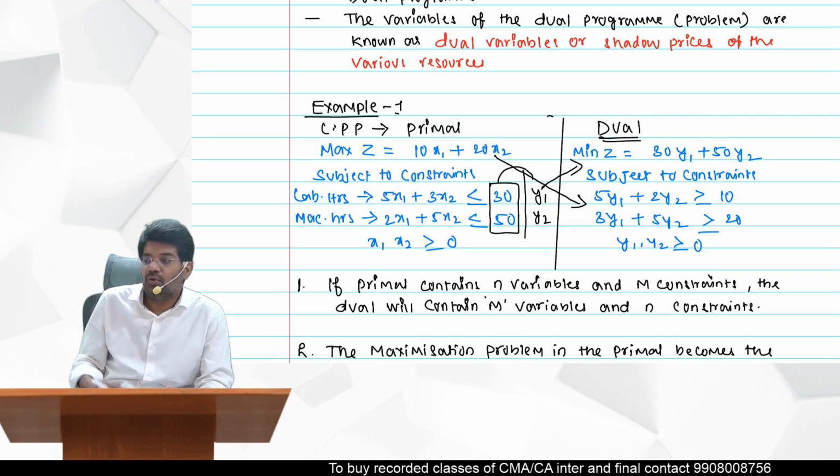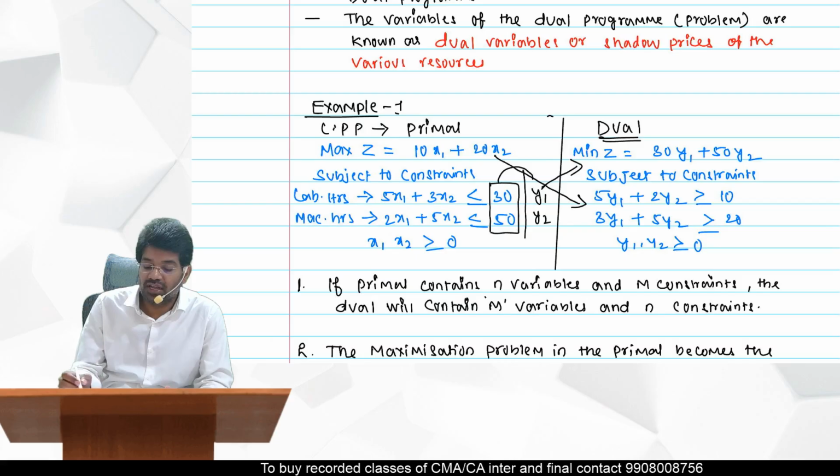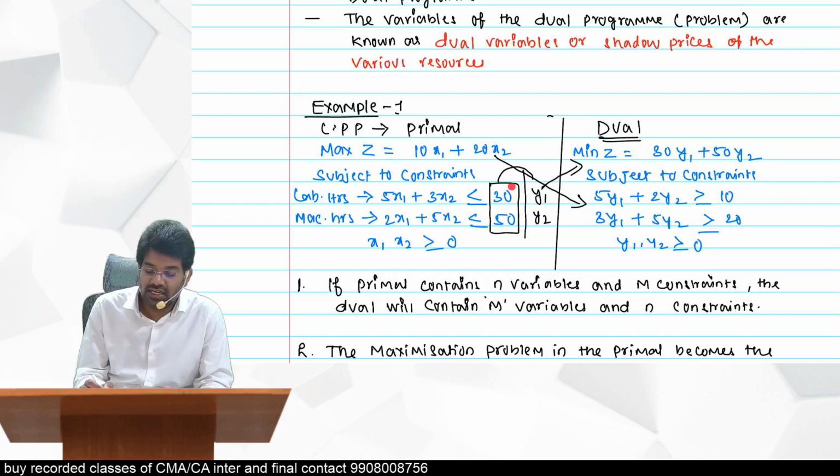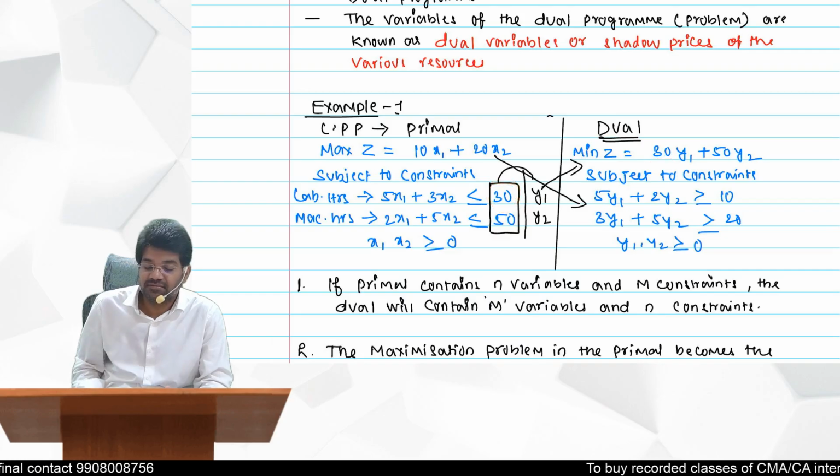The variables we take here in the dual, we name them y1 and y2. So 30, which is the RHS of the constraint here, will become the objective function coefficient here.